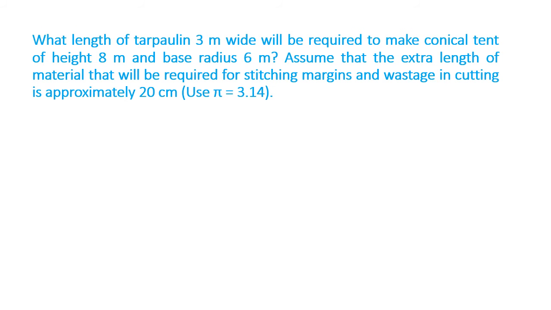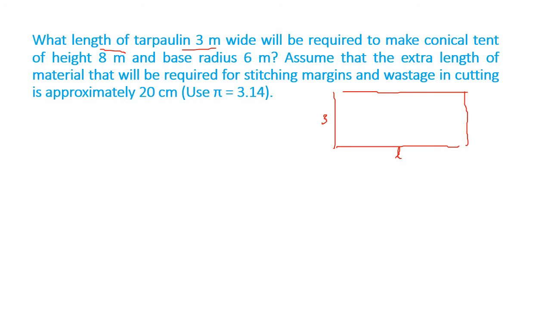Okay, so in this sum what do we have? We have to find the length of a tarpaulin 3 meter wide. So let us assume a long tarpaulin which is 3 meter wide, but the length we do not know.